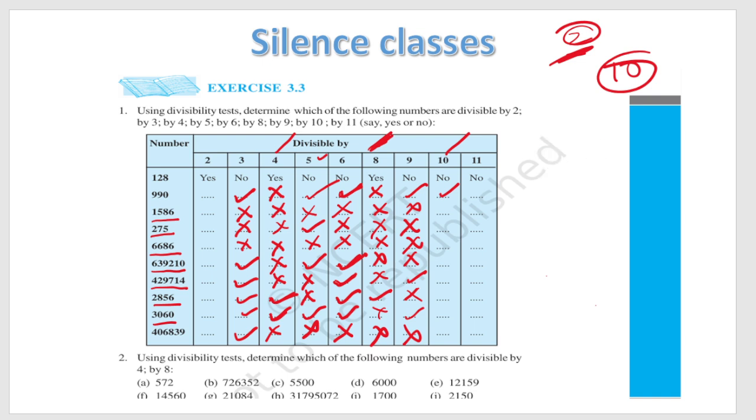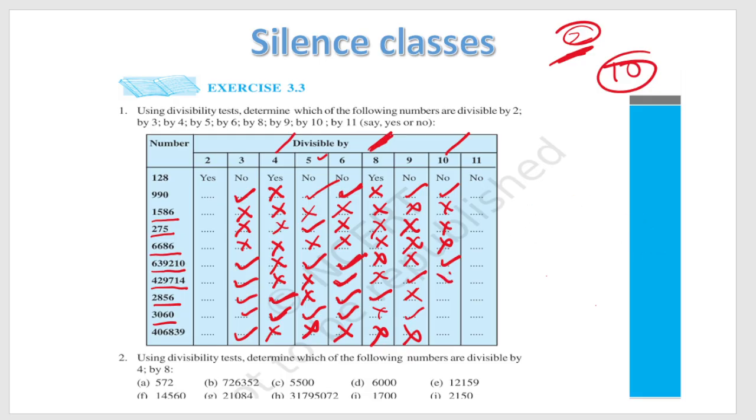The next number is 1586. 6 is there. It is not divisible. 275. 5 is there. It is not divisible. 6686. 6 is there. It is not divisible. 639210. 0 is there. This means this is divisible. 429714. 4 is there.